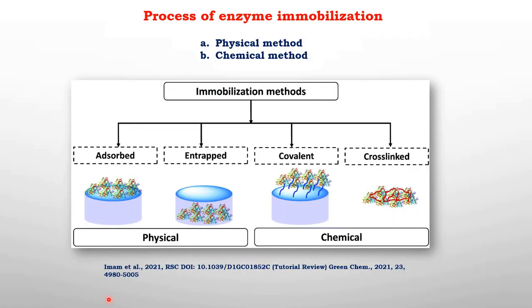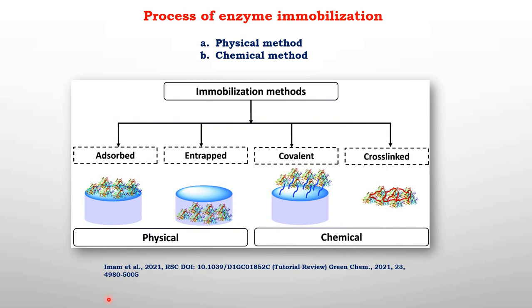Now the process of enzyme immobilization. There are several things we can discuss within this topic, but I made this video very straightforward, which will be required for our examinations and understanding of the basics of enzyme immobilization.